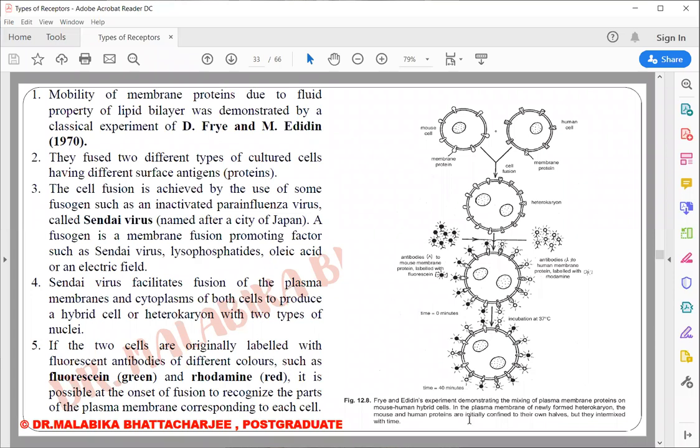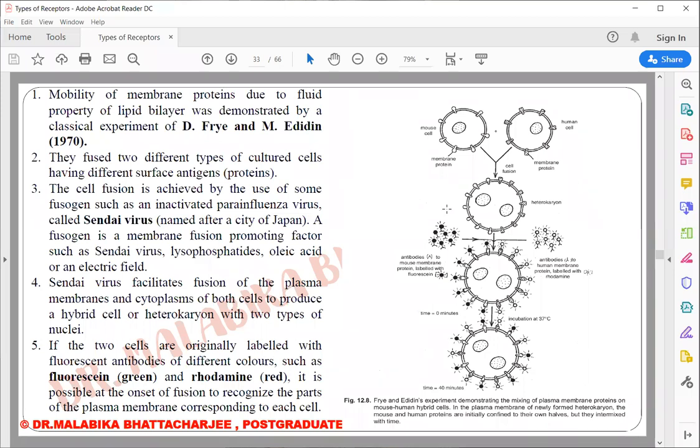The green fluorescence that was used was basically fluorescein, and the red fluorescence that was used was basically rhodamine. So this was another experiment to prove the lateral diffusion of the proteins.